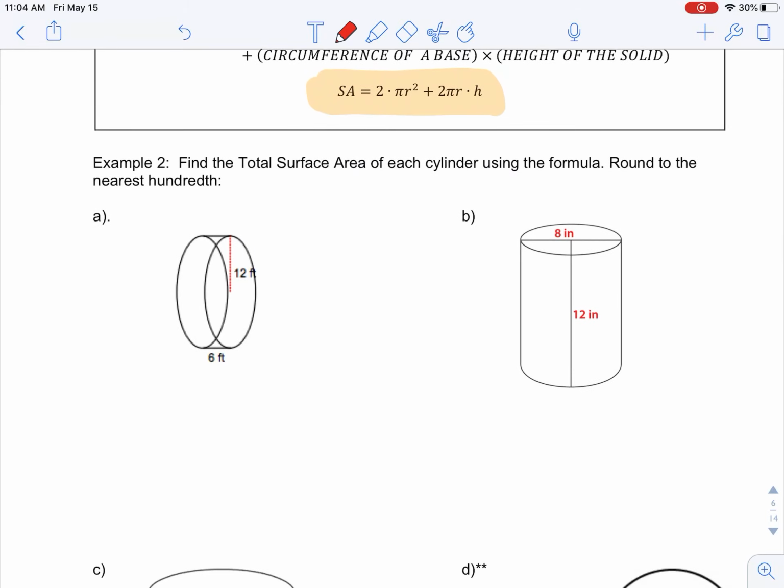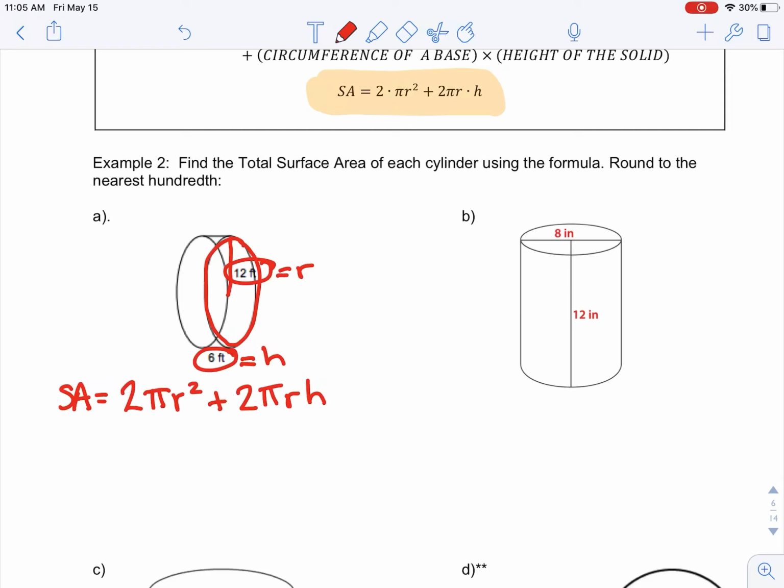In this picture, this right here is from the circle. It's halfway across. So that 12 is your radius. This here is the height. Again, this one's on its side. Okay, so when I go to do my formula, 2 pi r squared plus 2 pi r h, let's plug in what we know. 2, we know pi is 3.14.